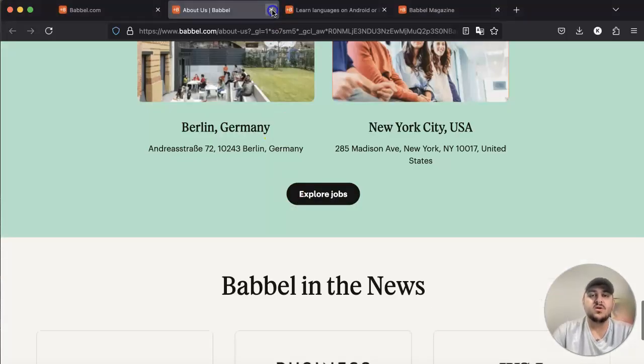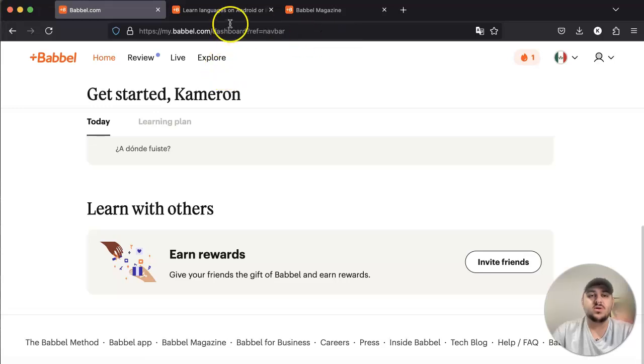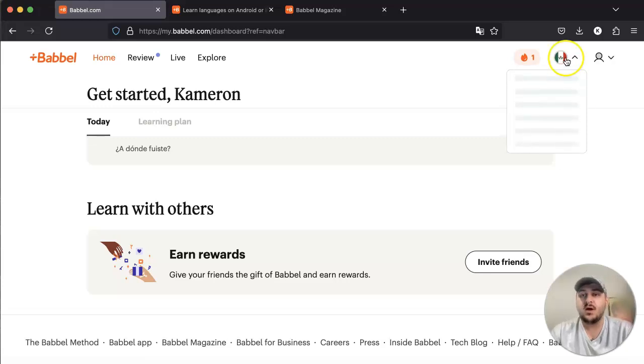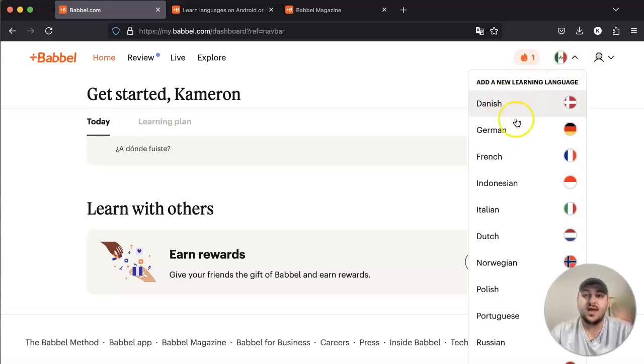Okay, so for the next part of it, we'll look at what the user would see. So for me as the user, I chose Spanish as the language that I would like to learn. But up here, you can actually add more than one as you're paying for the subscription, so they don't minimize how many you can learn as far as that goes.